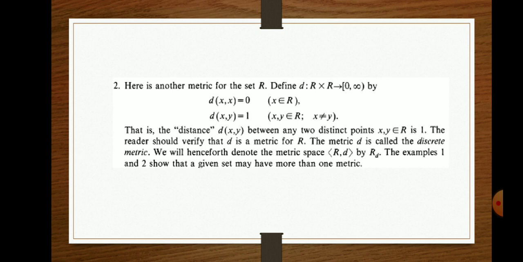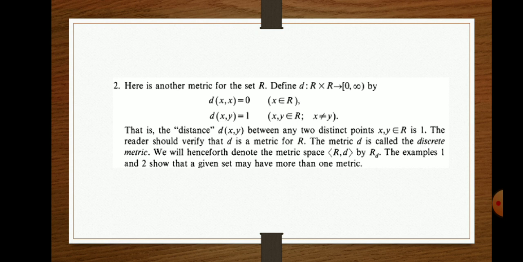That is, the distance d of x comma y between any two distinct points is 1. The distance between a point to itself is 0. So there are only two distances, 0 and 1. This metric is called the discrete metric and it is denoted by R suffix d.